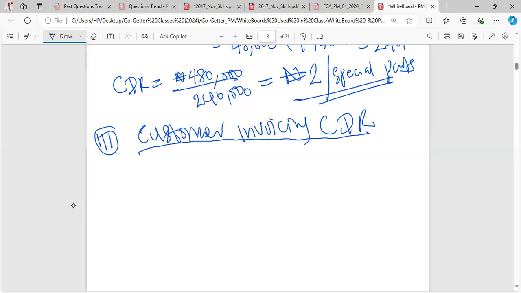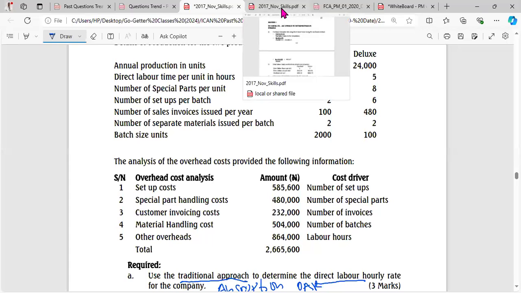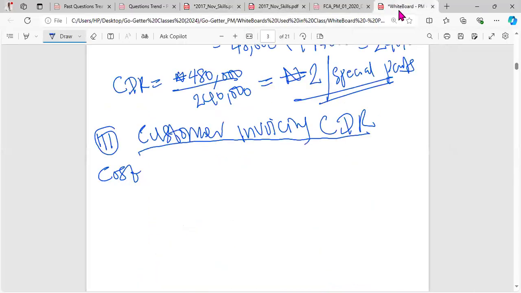Okay, now what's the cost? The cost is given to us as 232,000.